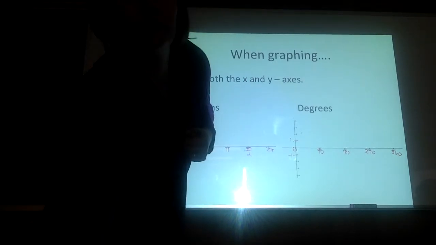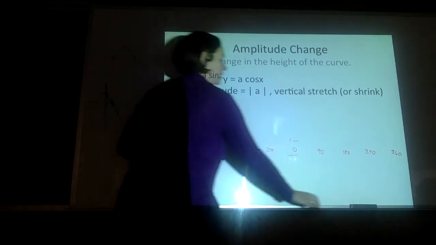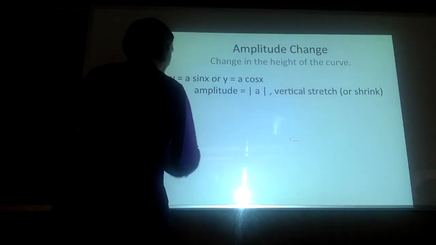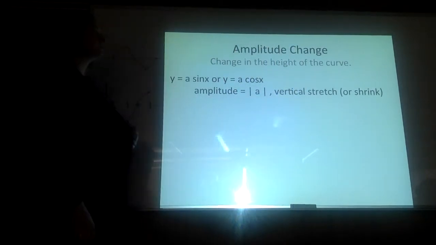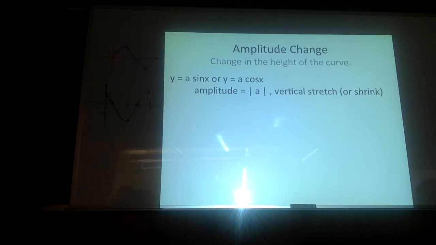All right. Next topic. What happens when we have an amplitude change? Amplitude is the height of the curve. Now, there's something really, really cool about sine waves, cosine waves, waves in the ocean, any of that.